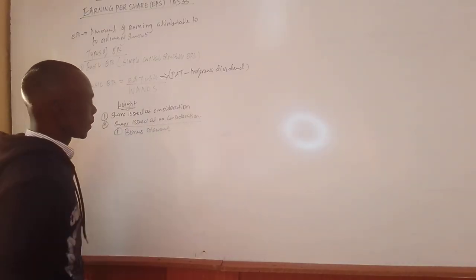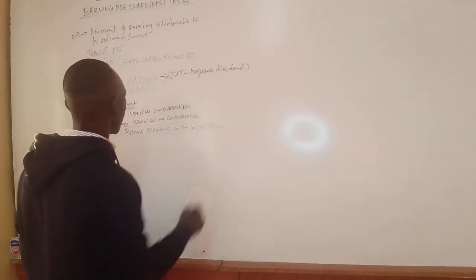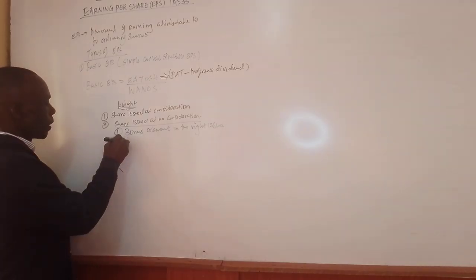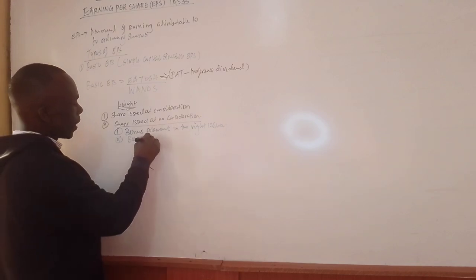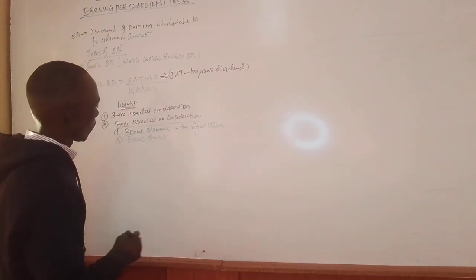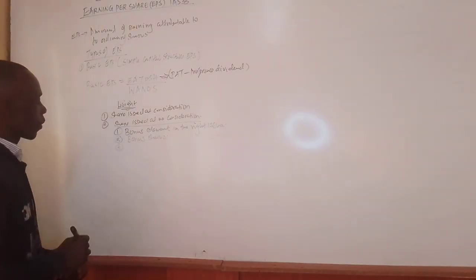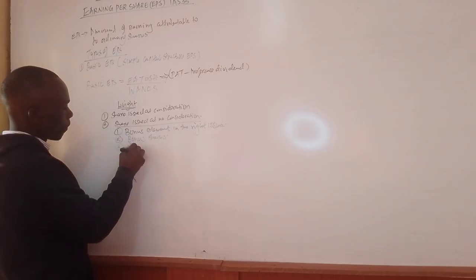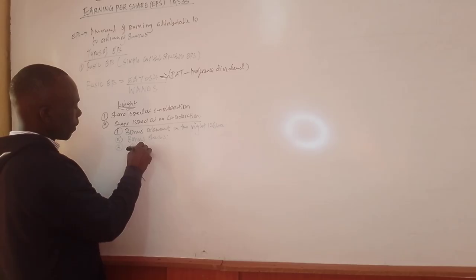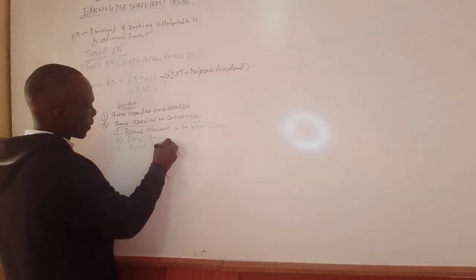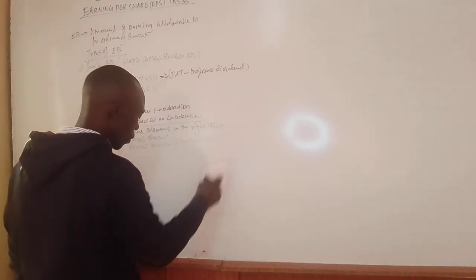Examples of these shares issued at no consideration: one of them is the bonus element in the rights issue. Number 2, we talk about the bonus shares. Number 3, we will talk about the bonus element in the share option.